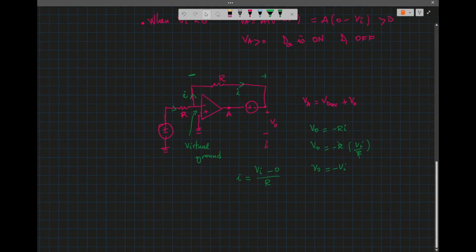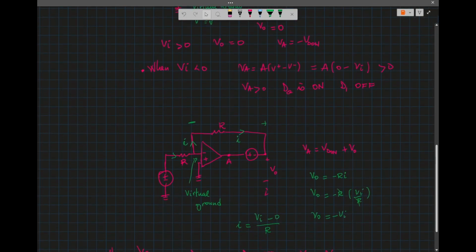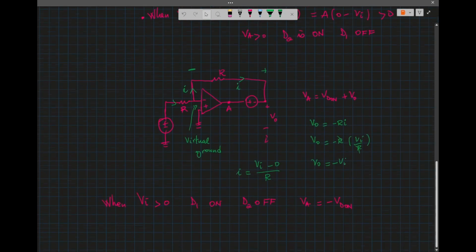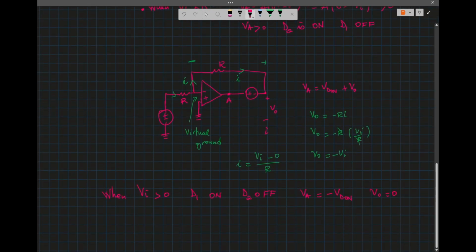Okay, so when we recap, when Vi is positive, D1 on, D2 off, VA equals minus VD on, which is 0.7 volts negative, and V0 equals 0.